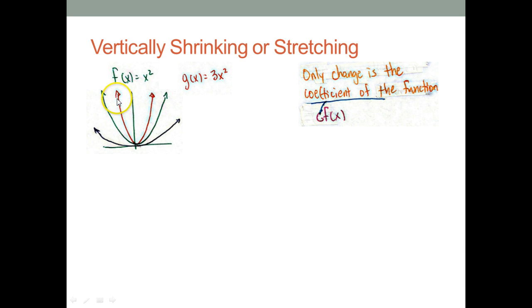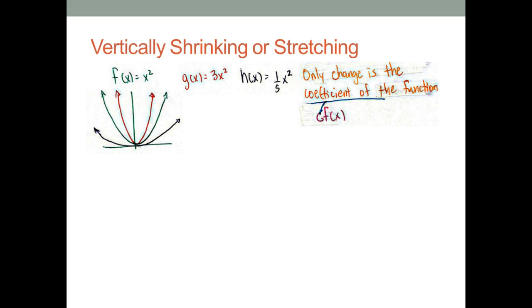And you'll notice here that it has actually gotten stretched. So the y values gained value, so they narrow the graph by stretching it upward vertically. Here we see h of x is 1/5, and that's a fraction, and so all of the y values have been divided by 5, which shrinks the y values, making the graph appear much wider.